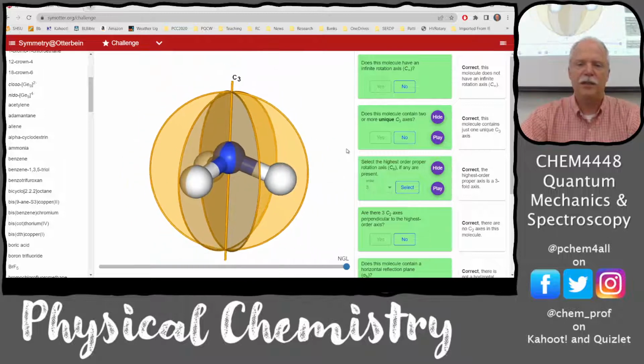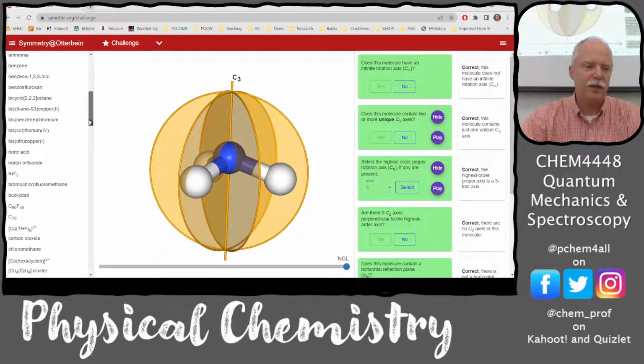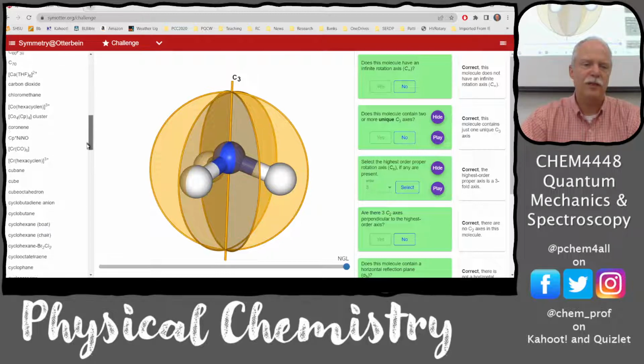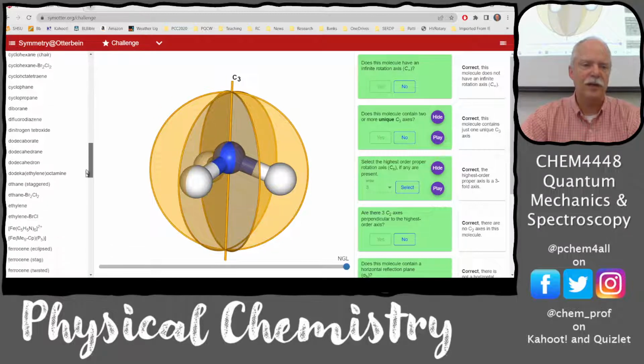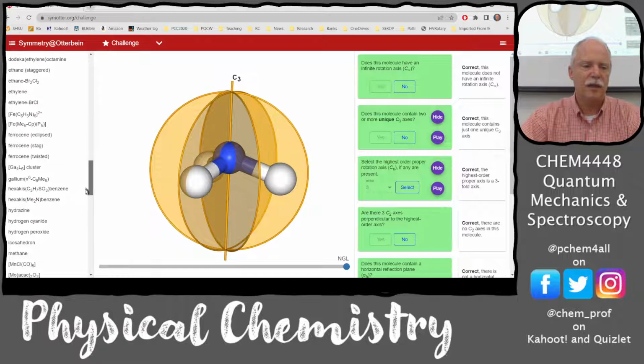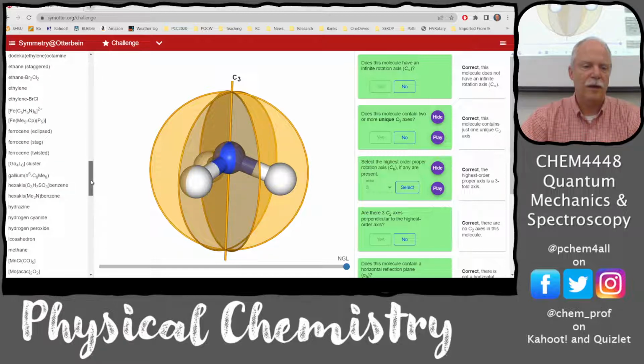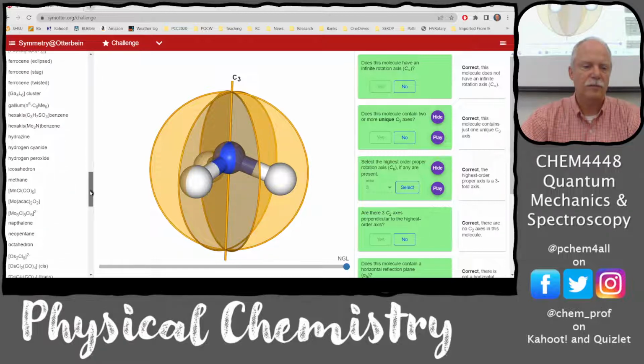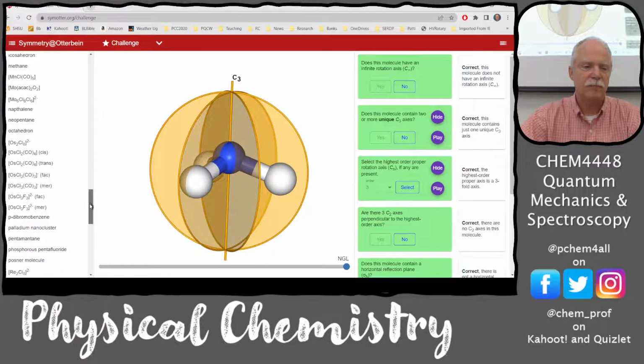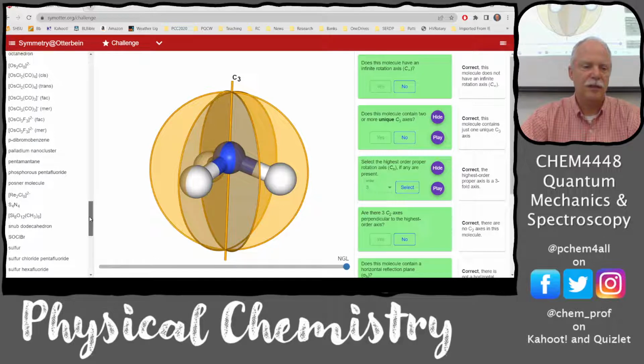Okay, now you get to choose. Which of these molecules, if you can read over here, do you want to do next? Or if there's one that you know of, we can find it on the list. There's a lot of inorganic compounds.